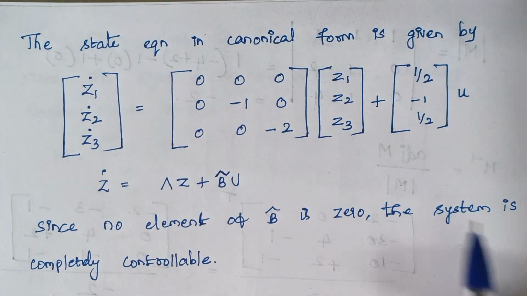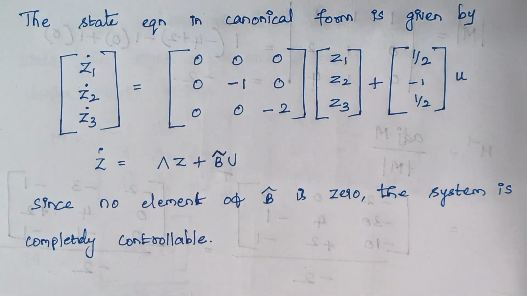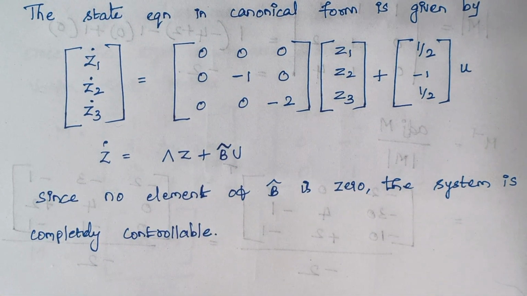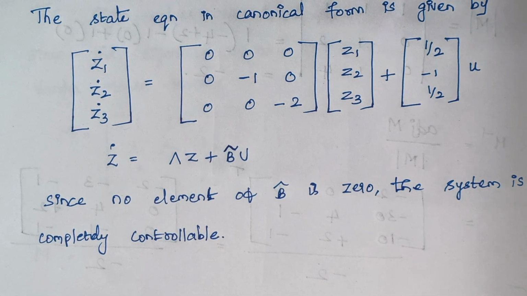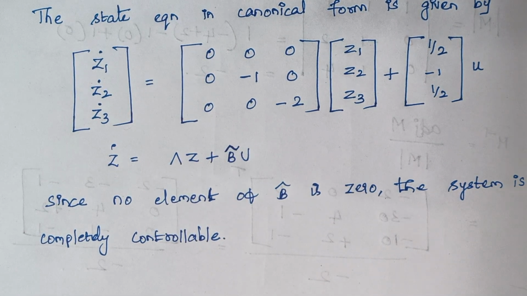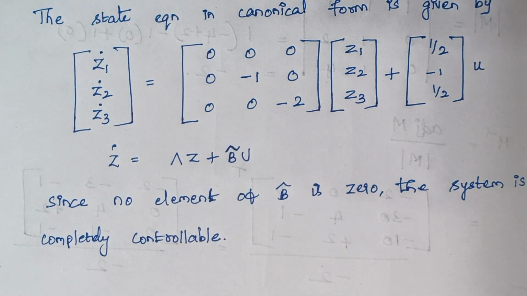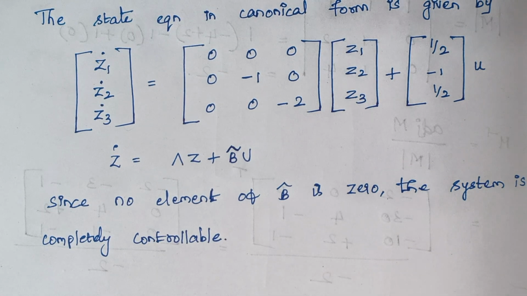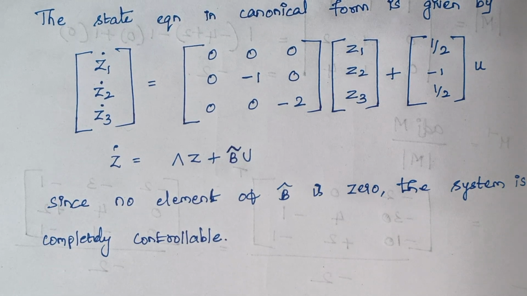Therefore the system is said to be completely controllable. So finally, in both Kalman's test as well as Gilbert's test, the final answer is the same. That is, the system is completely controllable. So if it is generally asked in the question, kindly go with Kalman's test.